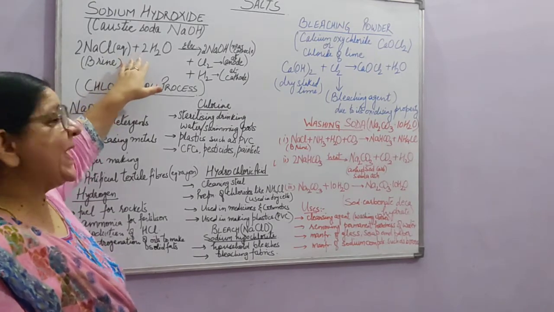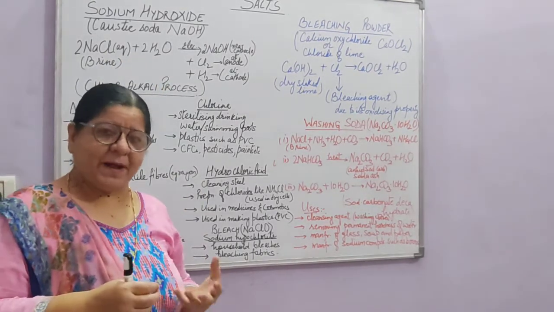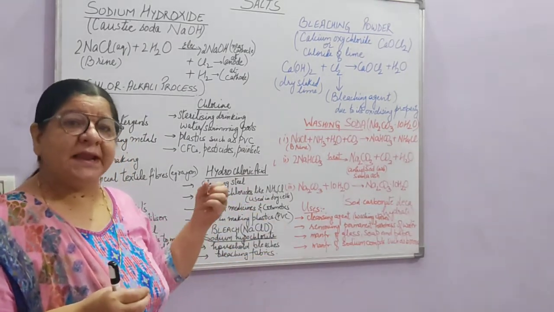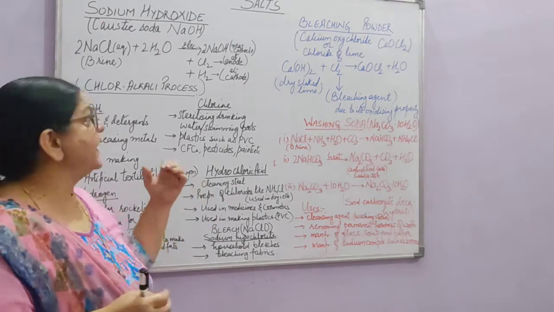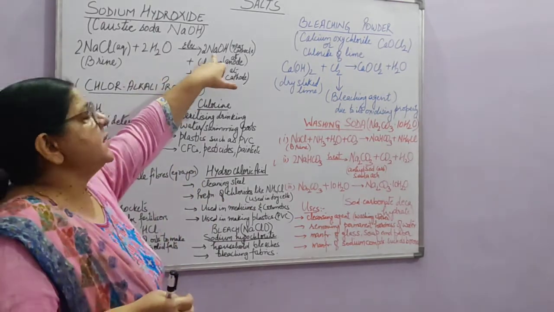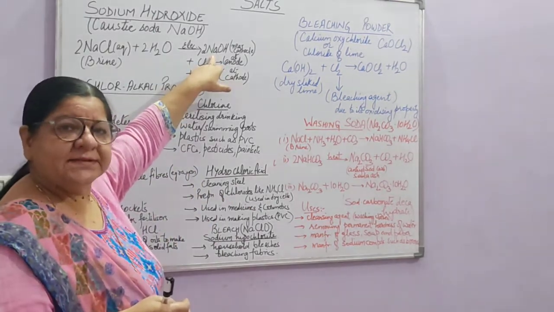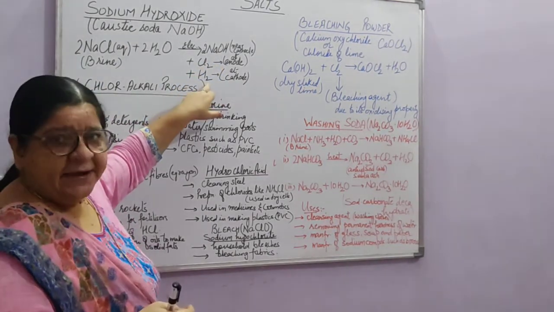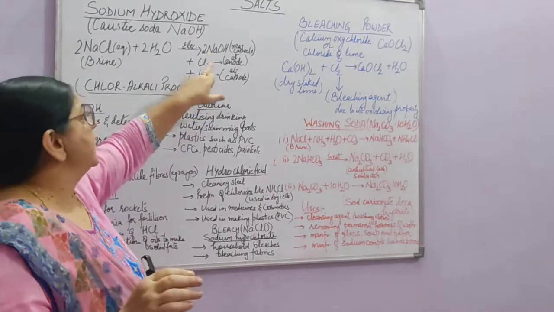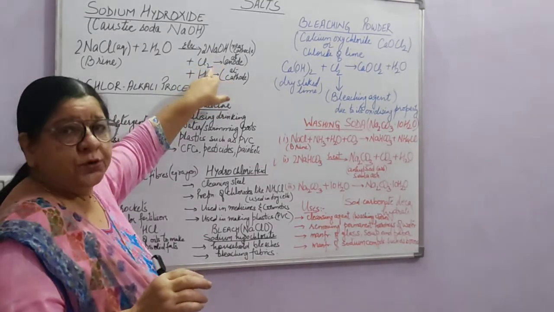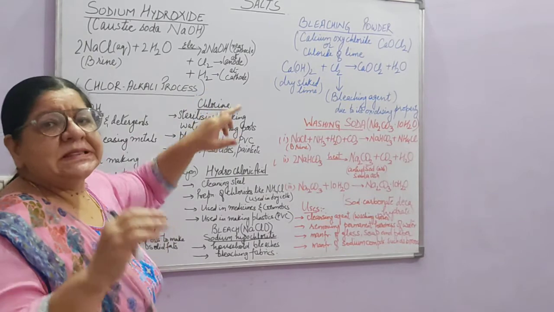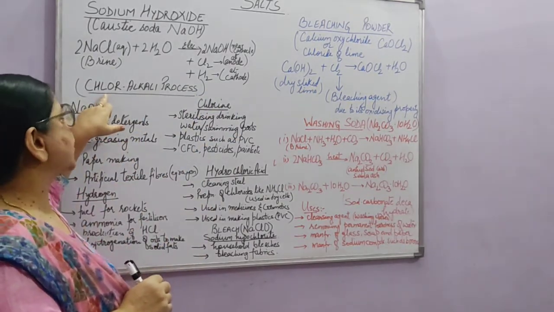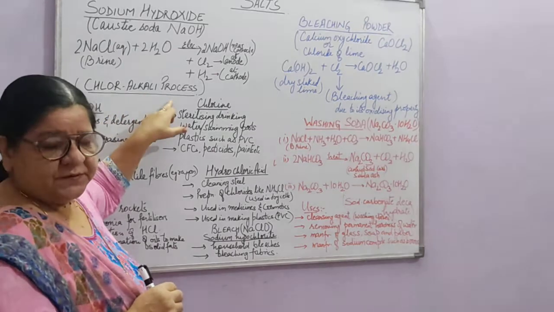Now, when electric current is passed through this brine, or during electrolysis of brine, what is produced? Sodium hydroxide, that is NaOH, chlorine and hydrogen. We get three products: NaOH, Cl2 and H2. This process is also known as the chlor-alkali process.